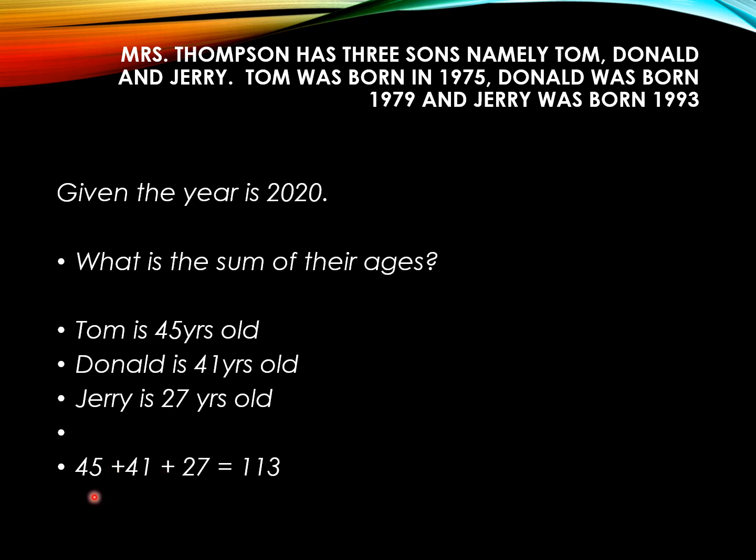So you will add 45 plus 41 plus 27. And whatever the answer is, that would be the sum of their ages, right? And get it into your head: the sum means addition or plus.